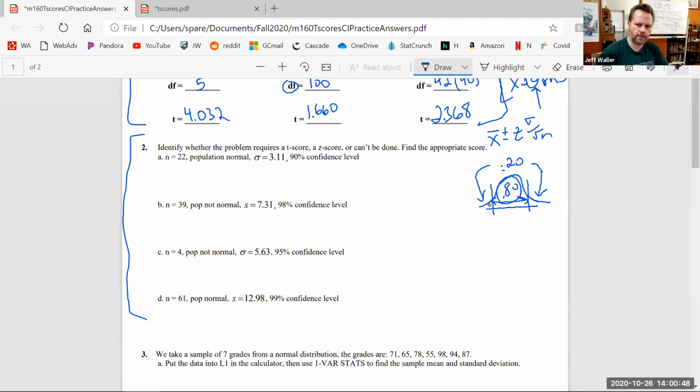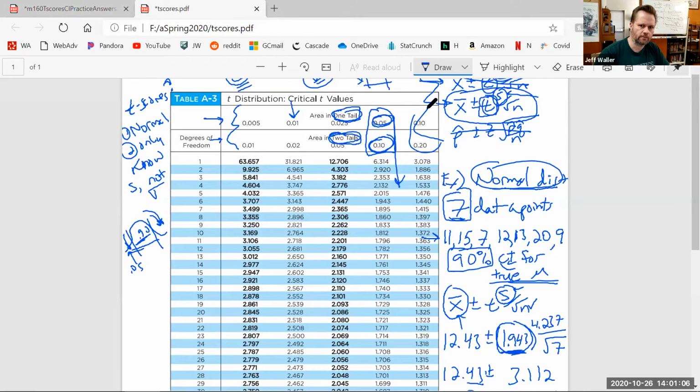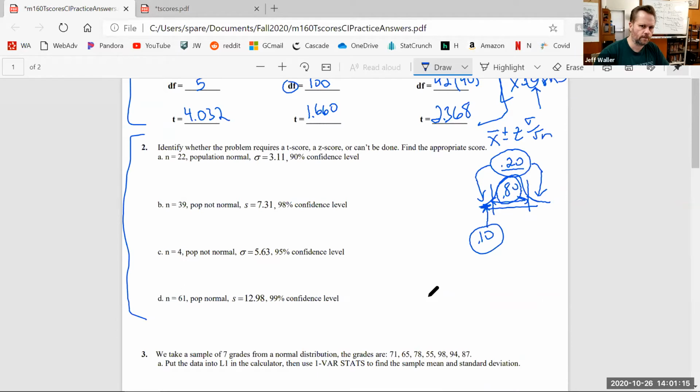So 20% in two tails is the same thing as 10% in one tail. So on the chart, in that problem, I would look over here: 20% in two tails, 10% in one tail. They both end up in the same column. Is that all right?